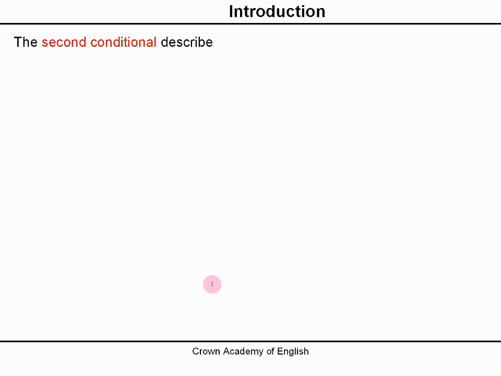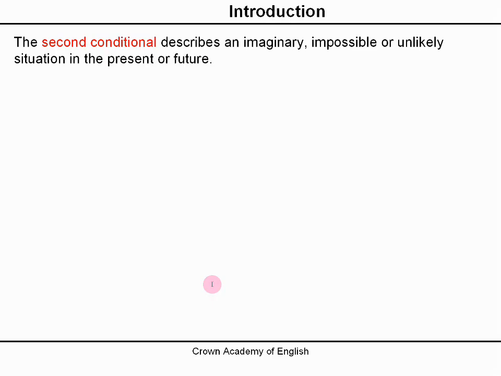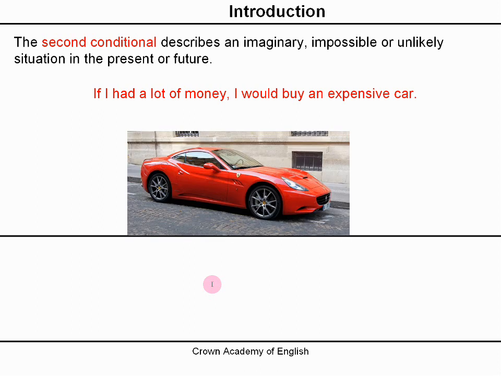The second conditional describes an imaginary, impossible or unlikely situation in the present or the future. Example: if I had a lot of money, I would buy an expensive car.